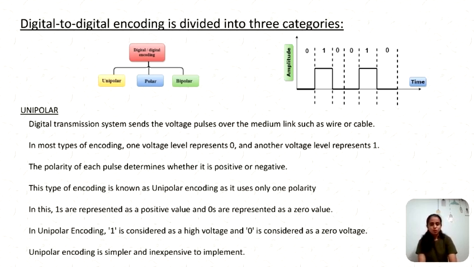This type of encoding is known as unipolar encoding, and it uses only one polarity. In this, ones are represented as positive values and zeros are represented as a zero value. In unipolar encoding, 1 is considered as a high voltage and 0 is considered as a zero voltage. Unipolar encoding is simpler and inexpensive to implement.